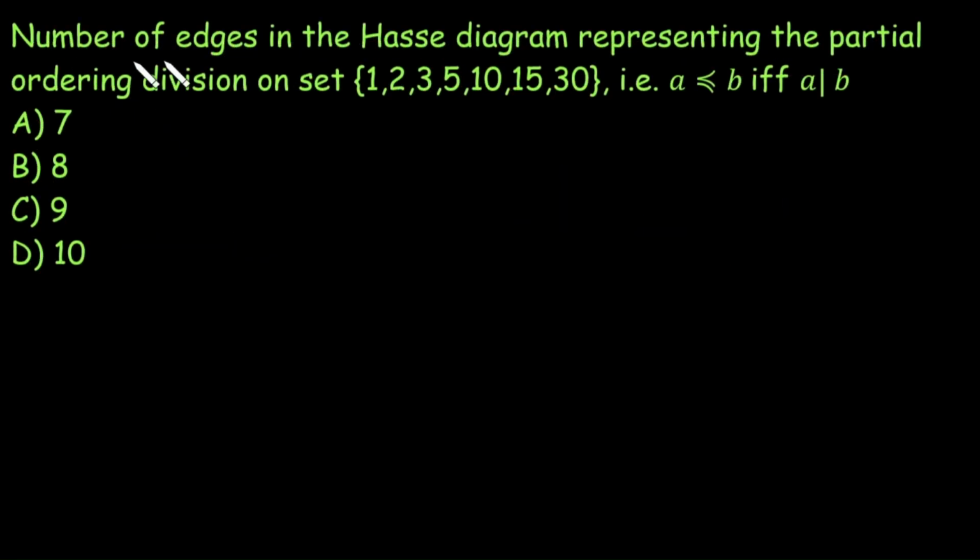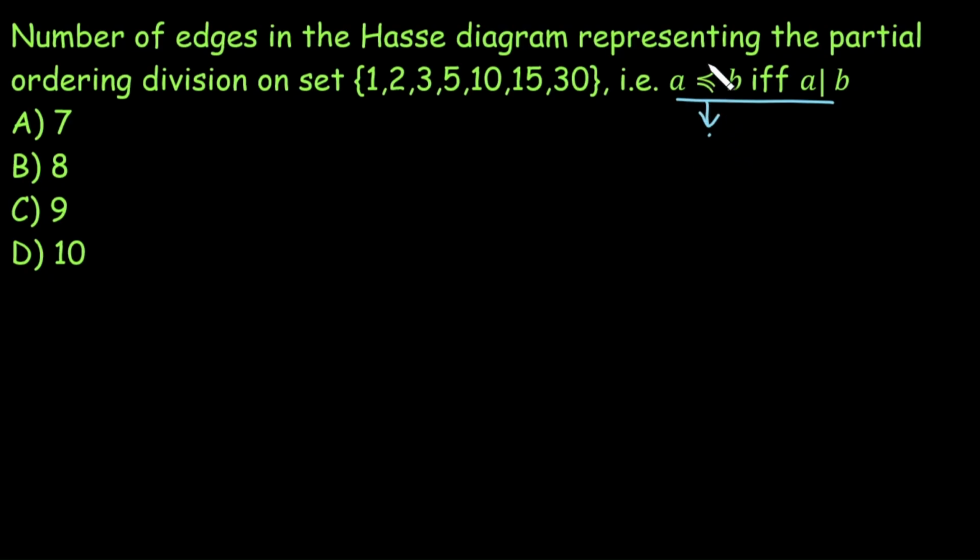Next question is the number of edges in a hash diagram representing the partial ordering division on this set. Do not get confused that this is a symbol of less than or equal to. No, we have already covered in the previous lecture videos. This symbol represents a relation which is a POSET, meaning reflexive, transitive and antisymmetric.